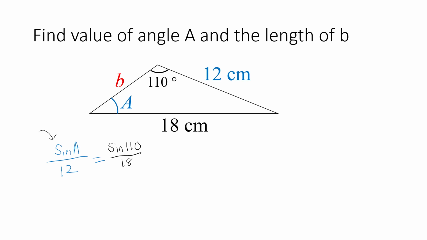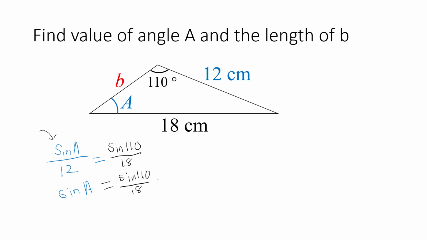Since sine A divided by 12, I can easily move the divide by 12 over, and I will get sine 110 over 18. Sine A is down here because I have moved the 12 over.